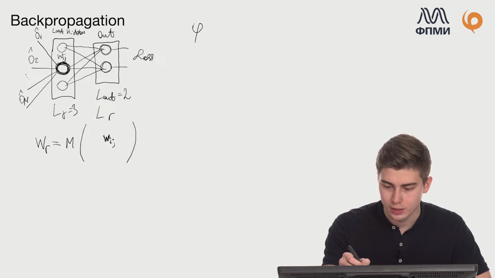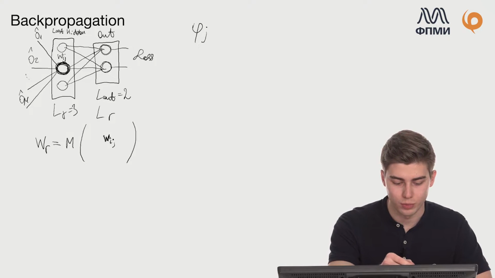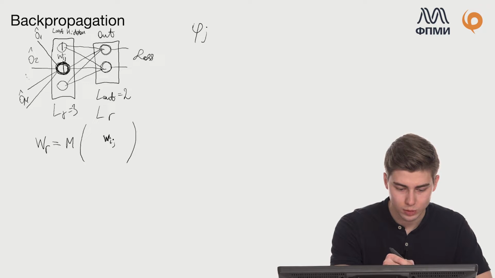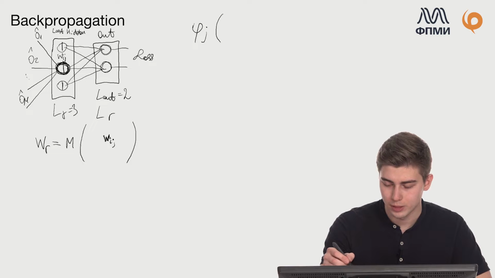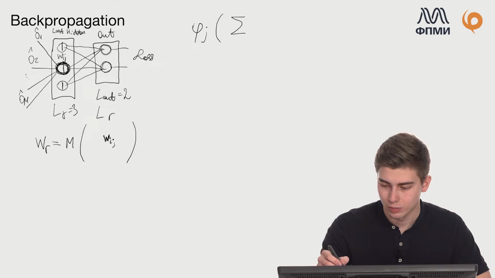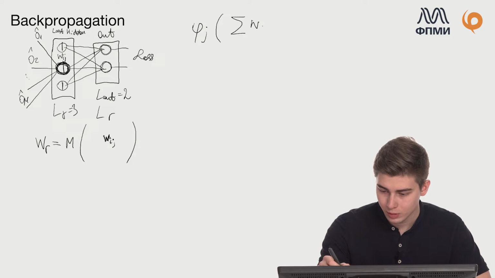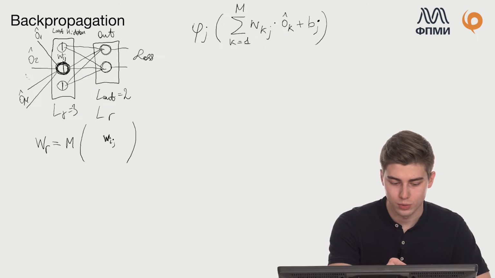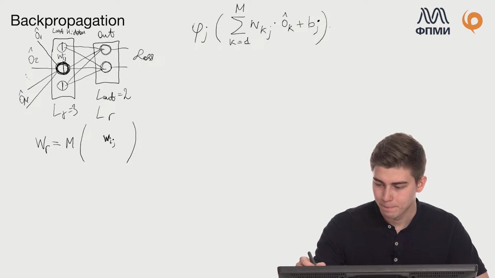So phi_j, which is the activation function of this layer, and each of these neurons applied to the sum of w_kj multiplied by O_k, where k is from 1 to M, plus b_j, where b_j is the bias of the j neuron, and it is equal to O_j.